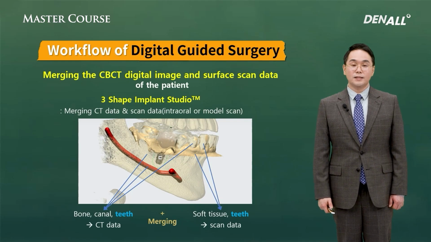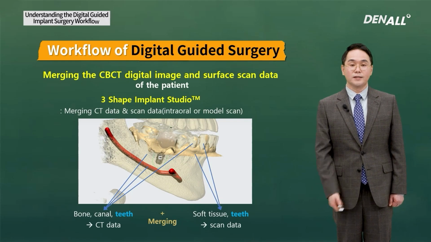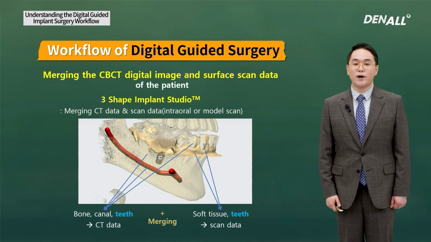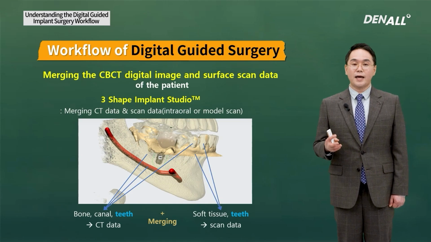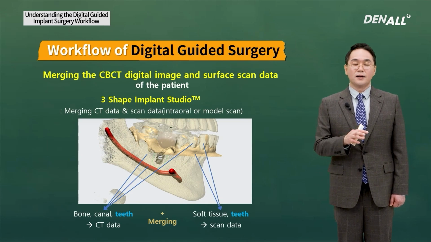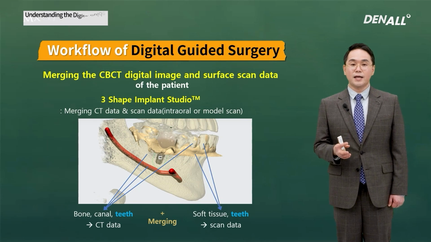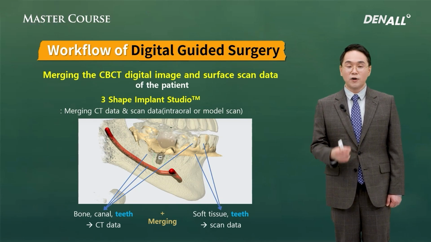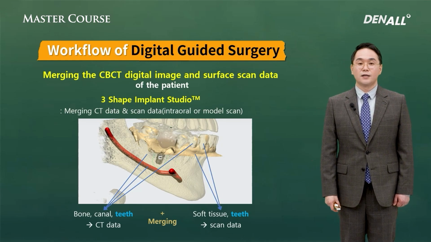If you use one guide, Implant Studio from 3Shape can be used. The appearance of teeth on the CT image and the teeth image from the surface data can be superimposed.